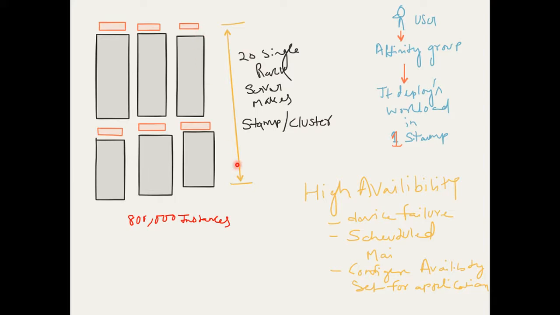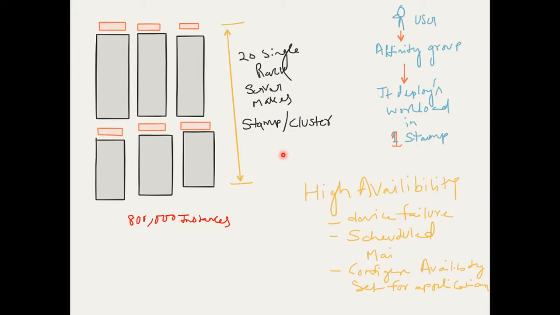Each stamp has around 800,000 instances running on it. There would be multiple stamps or clusters, and when multiple stamps or clusters are clubbed together, that makes a data center.